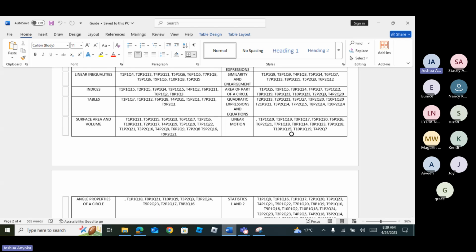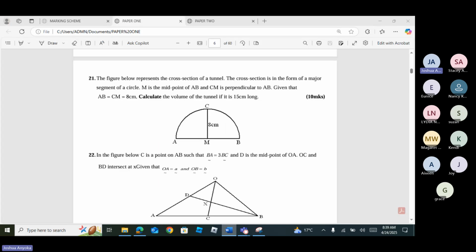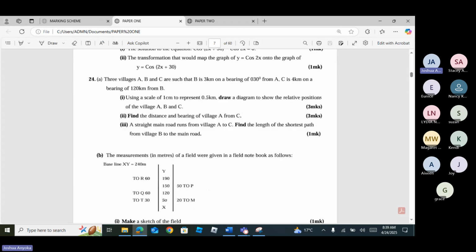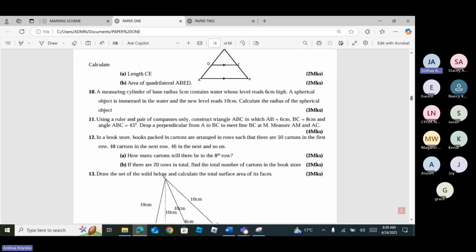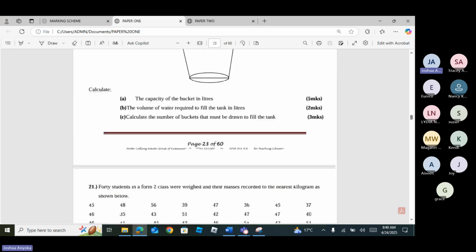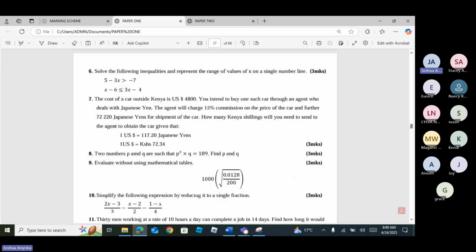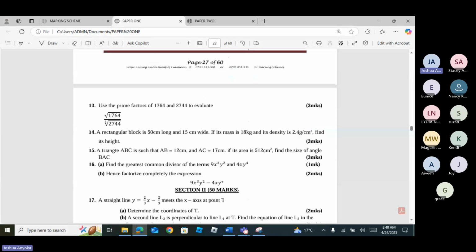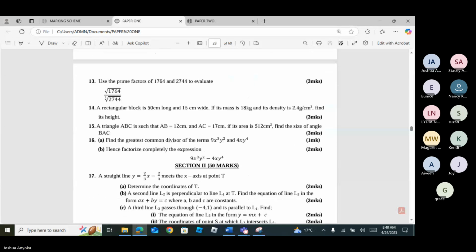Trial 5, paper 1, question 15. A triangle ABC is such that AB is 12 centimeters and AC is 17 centimeters.